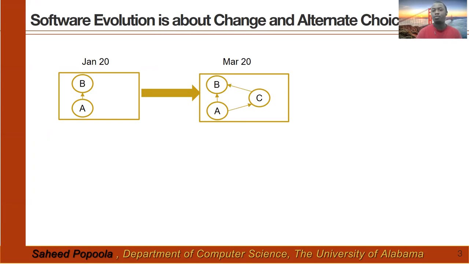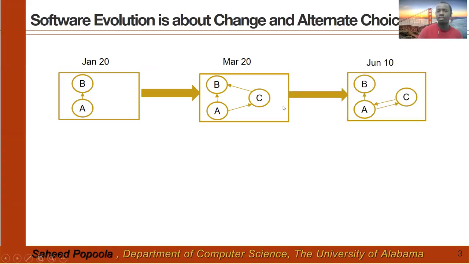But after some time, we found out that the relationship between B and C is a bit problematic, and it's actually preferable that we maintain a two-way pathway between A and C, such that it is much more preferable to get to B by going from C to A than having a direct relationship between B and C. So these are some of the choices that inform the reason why we make changes to software.